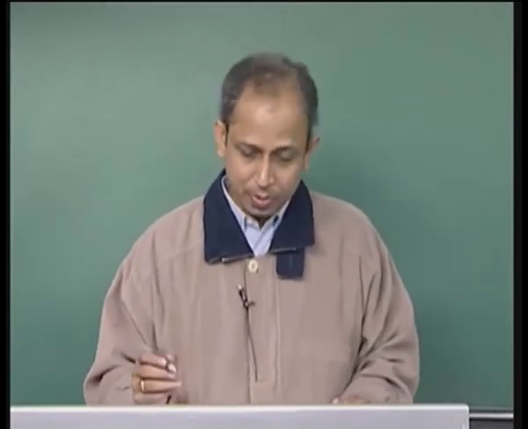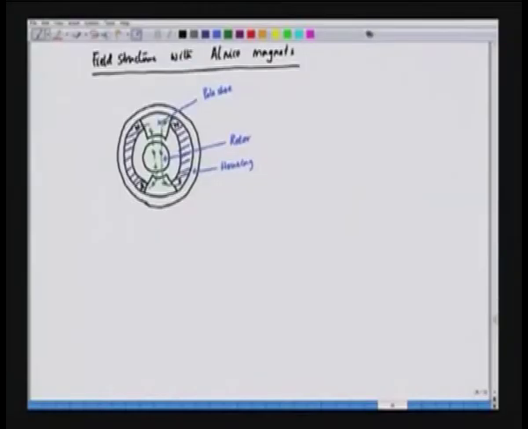And another structure can be like this. So, we have again long magnets, and these magnets are rectangular magnets. So, these magnets are like this. This is the magnet, and here we have again north pole, south pole, south pole, north pole.